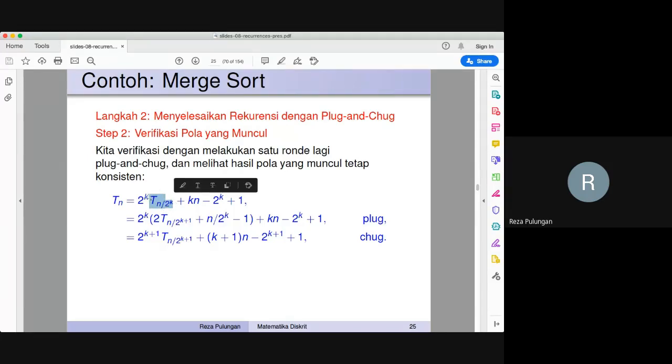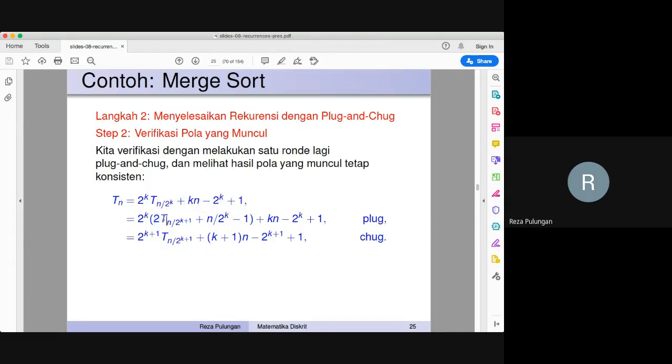What is the formula for this one? The formula is 2 times Tn divided by 2 to the power of k plus 1, plus n divided by 2 to the power of k. Try it yourself. Minus 1. How do I know this? Well, by using the main recurrence again. This is basically plugging. And you perform one more chugging. 2 to the power of k multiplied by 2, 2 to the power of k plus 1.